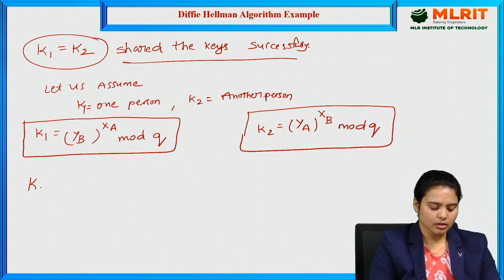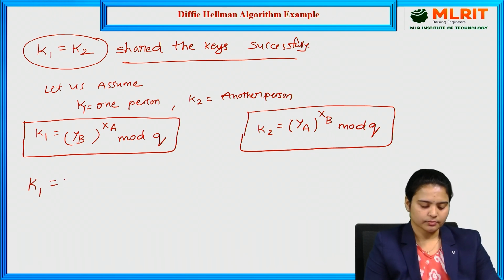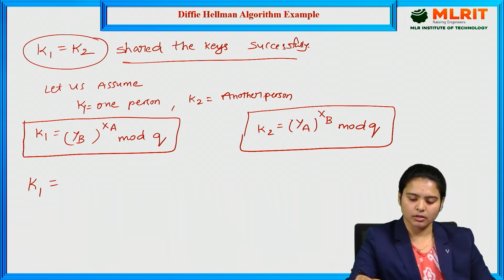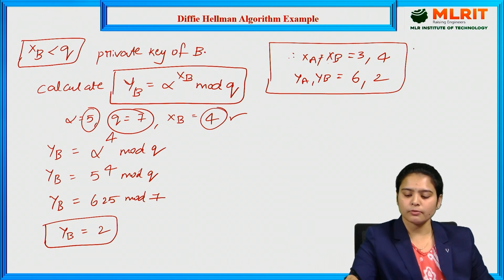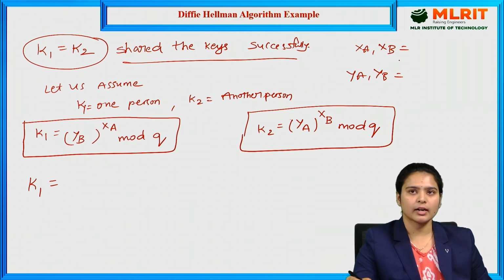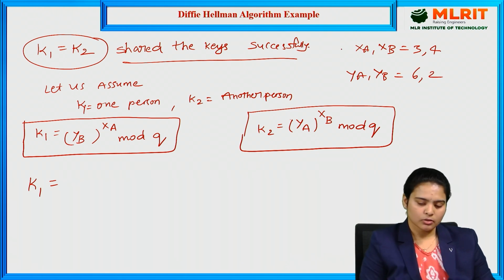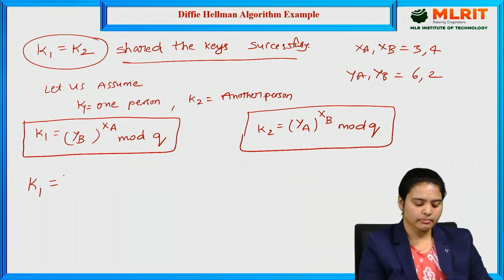So K1 equals, we already got the values of XA, XB, YA, YB: 3, 4 and 6, 2. Now substitute these values using this formula.